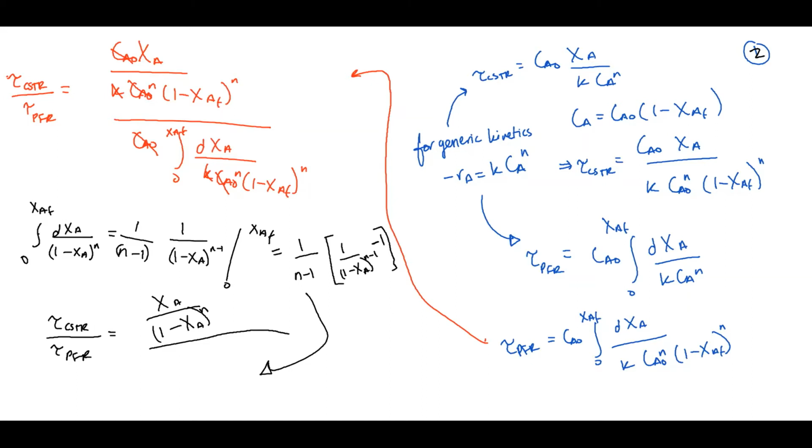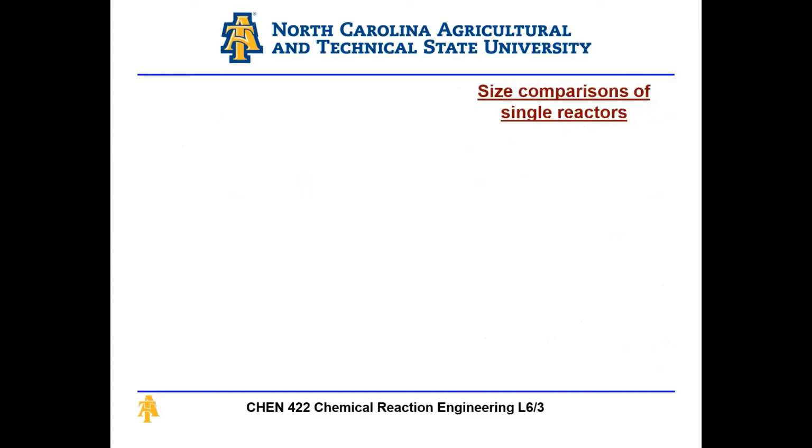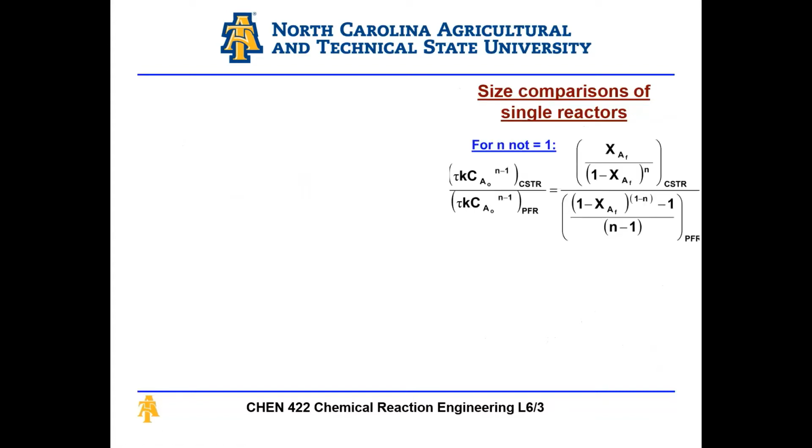And let's move back to our slides because this thing is not working today, so it's fine. So if I do a size comparison of single reactors, I basically get the expressions to tau k Ca naught n minus 1. What's written here is that I didn't cancel these constants from this side, which you can do, but if you have numbers, you might not want to cancel them, in case one of them is 0.